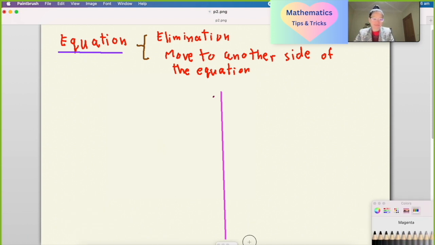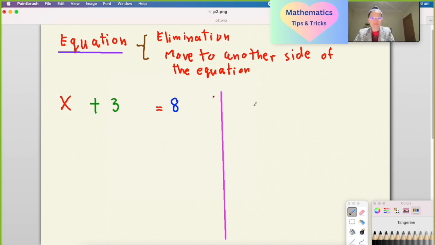Let's see, our question is the same. We would like to find the number x such that x plus 3 equals 8.